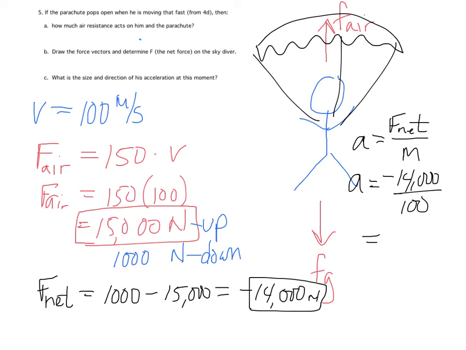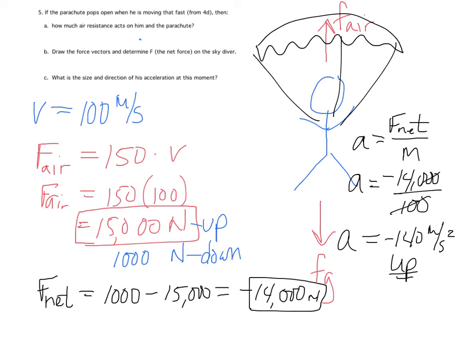And I get an acceleration of a very big number. Take 100 and take 2 off of that is 140 meters per second squared. And now the negative just means up, because for this entire problem, all of the positive numbers were in the downward direction.